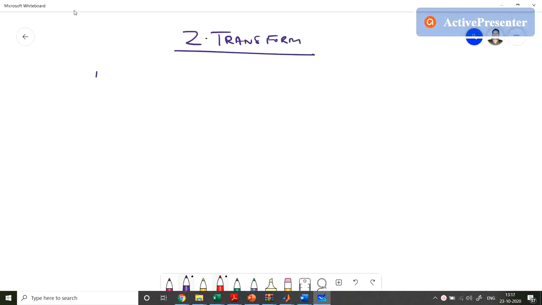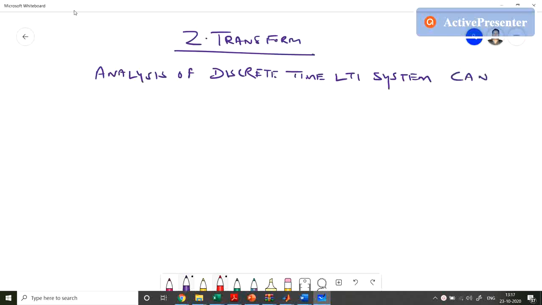So basically the analysis of discrete time LTI system can be done using Z transform.